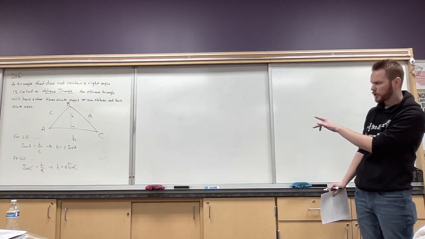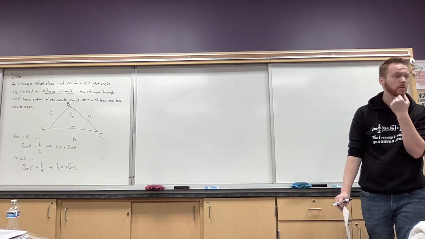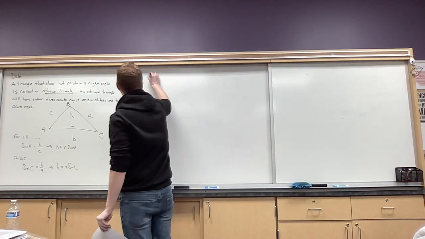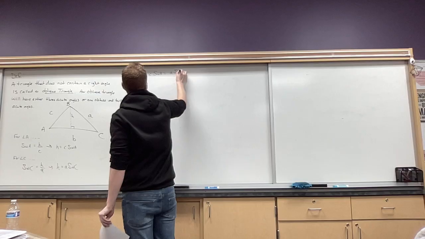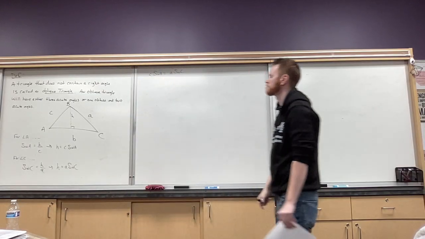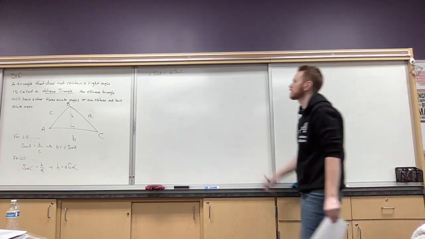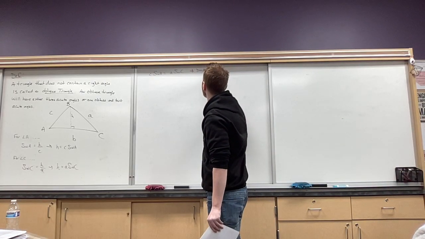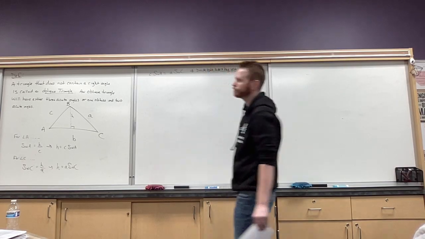Now notice, both of those equations have h in them, right? Because they're both equal to h, I can set them equal to each other. So therefore, I get c sine of A is equal to a sine of C. And what I'm going to do here is divide both sides by ac.